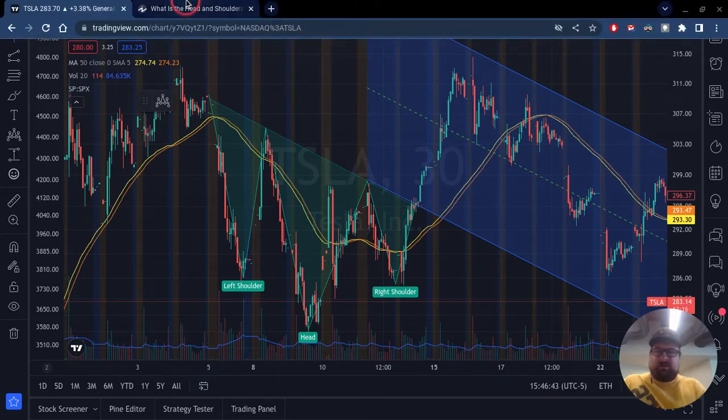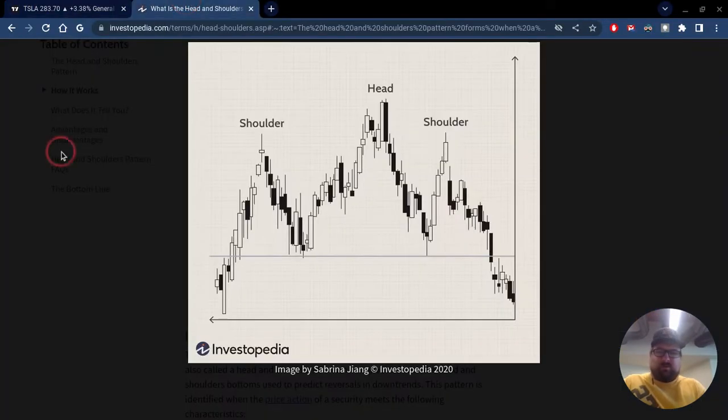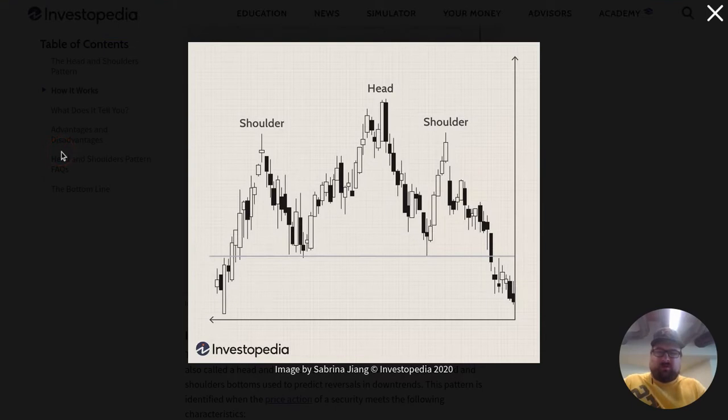But we're going to hop on over to Investopedia real quick, just for a garden variety head and shoulders pattern. So over here on the farther in the past side, we had an uptrend that kept on going up and up, and life was good. So we had a series of higher highs and higher lows, and that's where we start the story here.